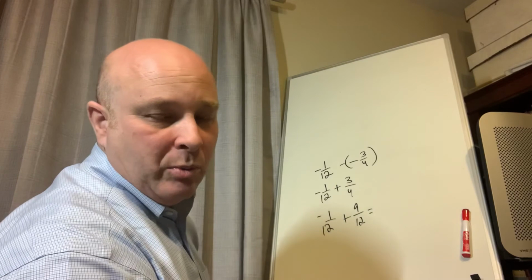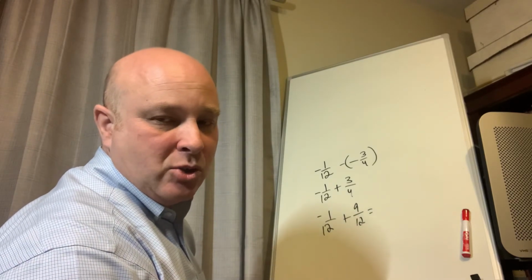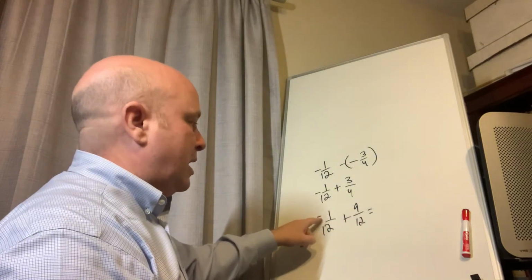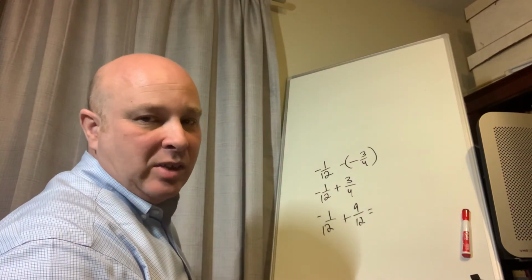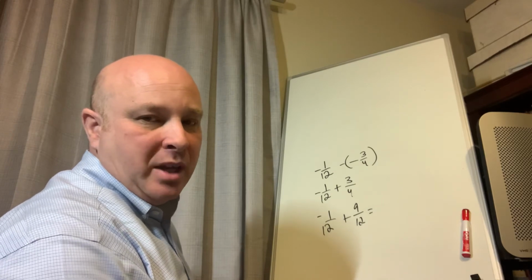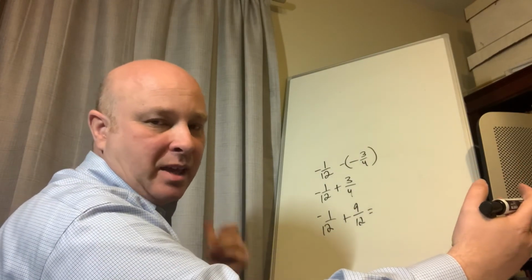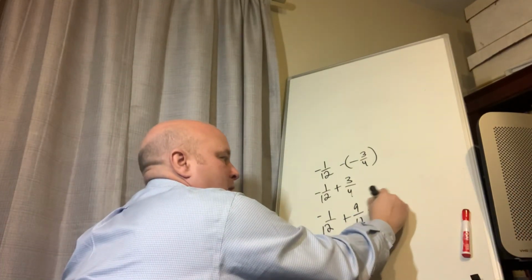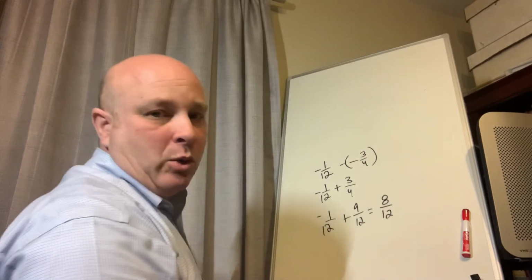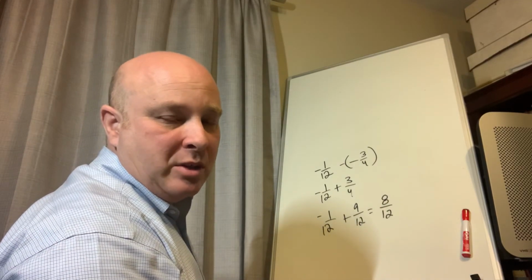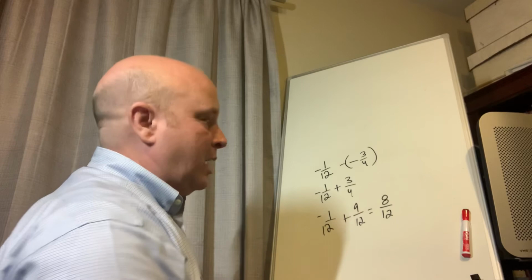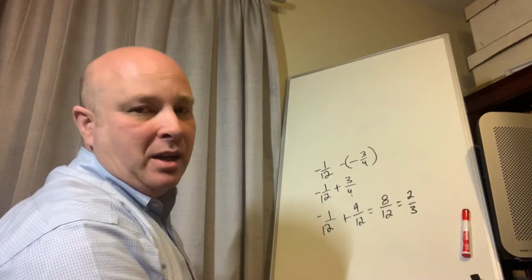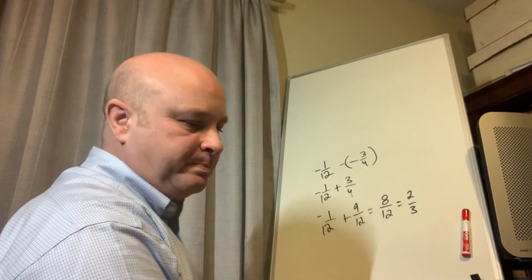That just helps us when we're adding and subtracting to make sure that the negative sign sticks with the numerator. Negative 1 plus positive 9 is the same as 9 minus 1. I'm putting positive 9 and I'm taking away a negative 1. That's going to give me a positive 8 over 12. Of course, I can simplify that since both the numerator and the denominator are divisible by 4. I can convert 8/12 to 2/3. There's my answer, all right, with all the work shown.